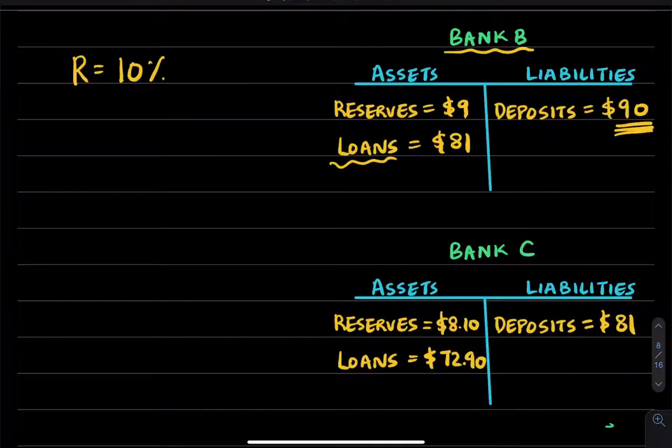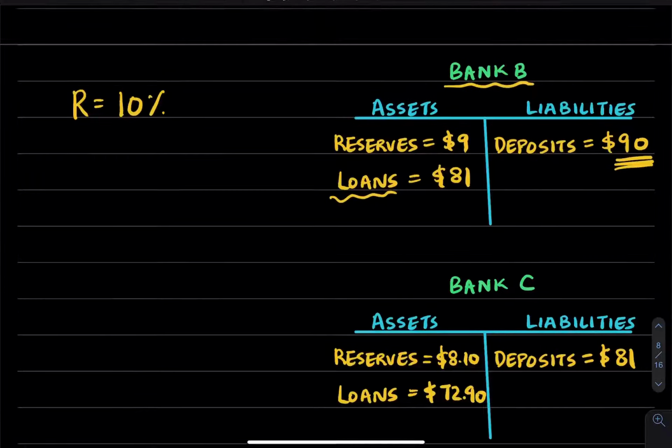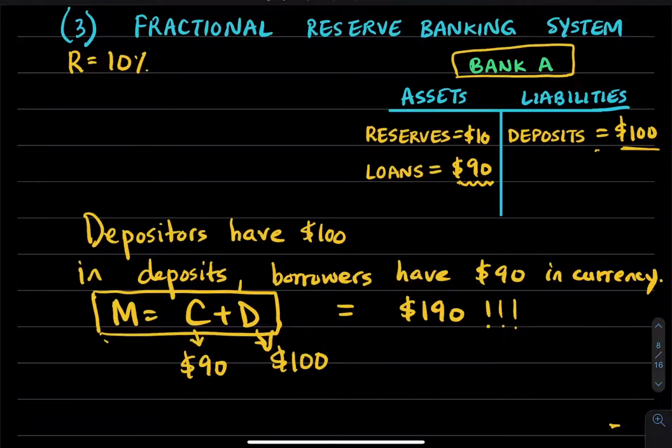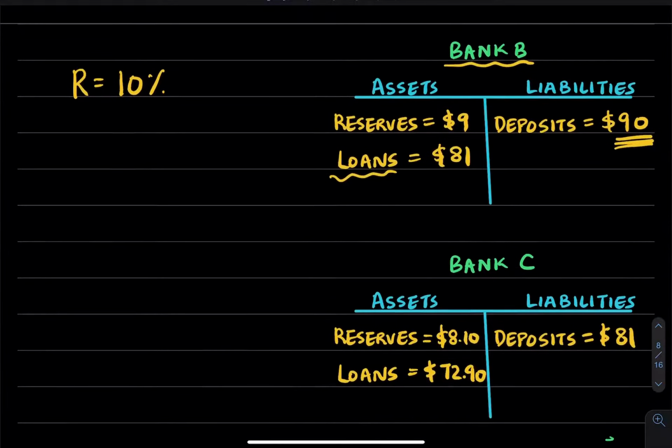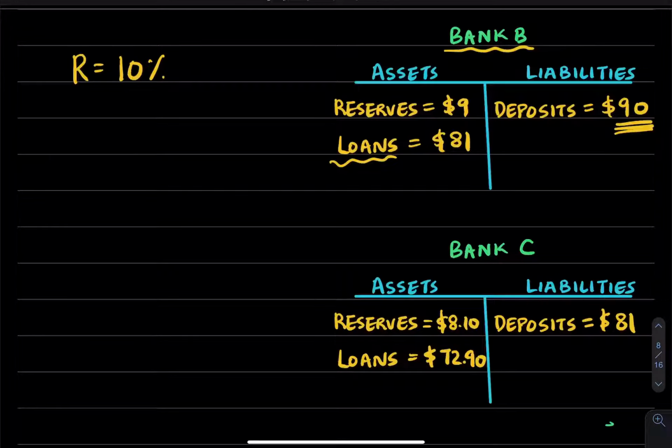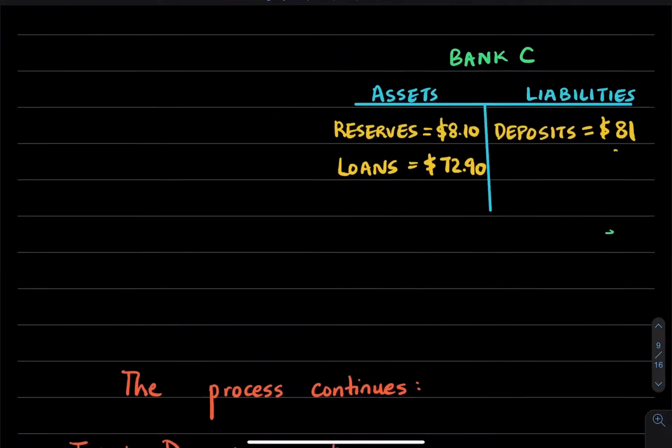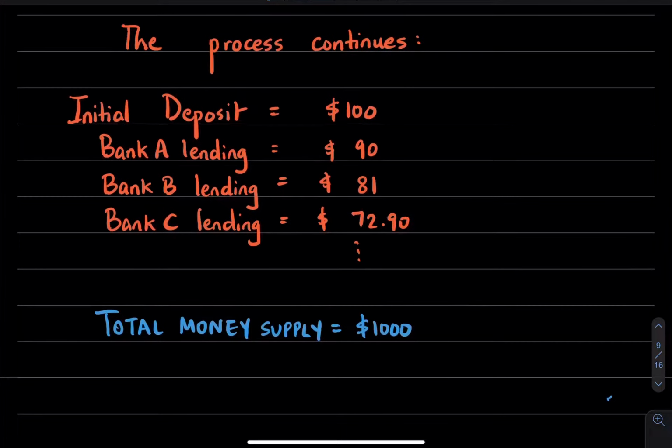So you see the cycle where we started with $100, and then we had $90 to be loaned out, and that loan was now a deposit for someone else, and that $90 split again into $9 and $81, and that $81 becomes a deposit for a third person. And this chain continues. So the process would continue.